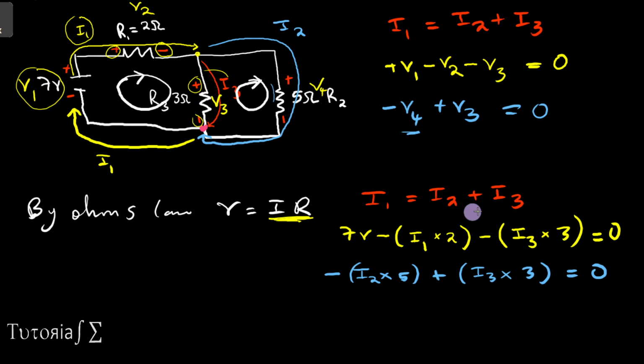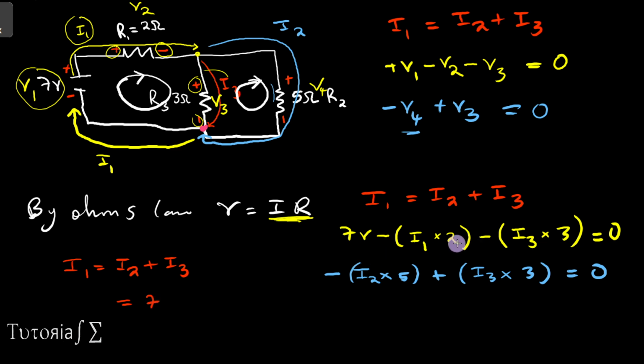Okay, now it's just let's simplify the equations. For the first one we have I1 equals I2 plus I3. Then here we'll say 7. We can take 7 to the other side so that it becomes positive. So we'll say positive 7 here.